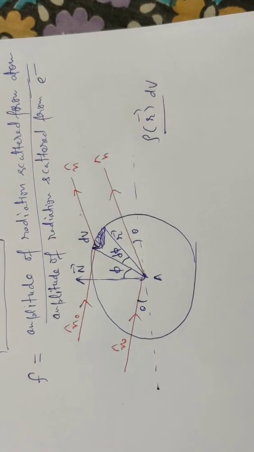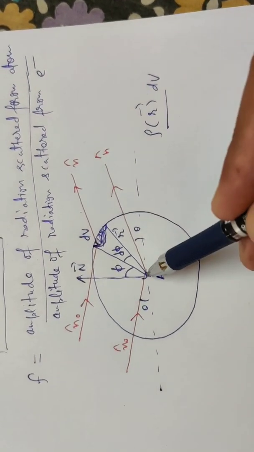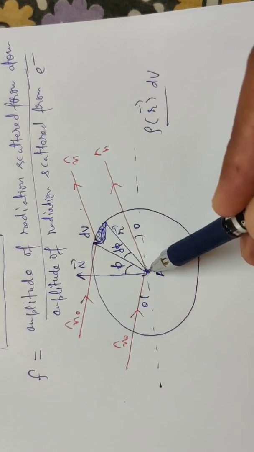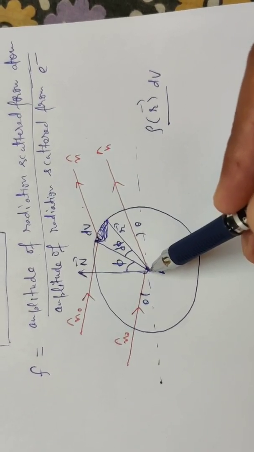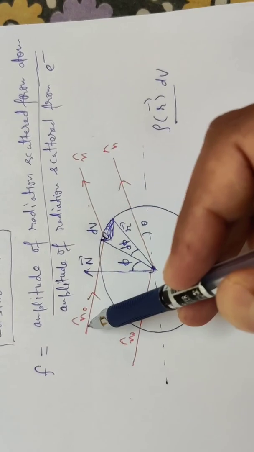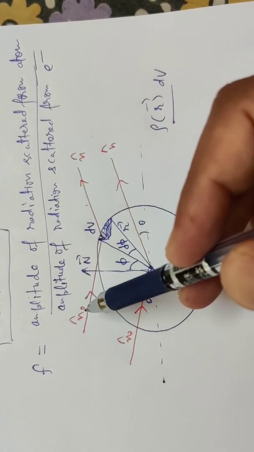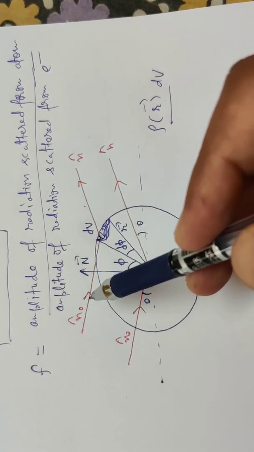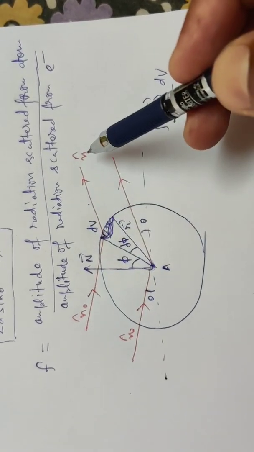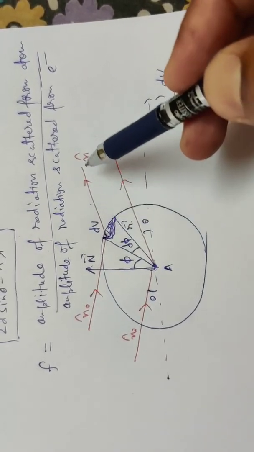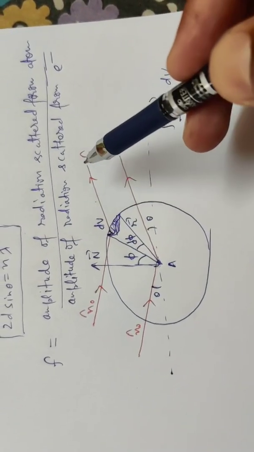Now let us consider a point electron situated at center A. This n naught unit vector is the direction of the incident wave, and n unit vector is the direction of the scattered or reflected wave.